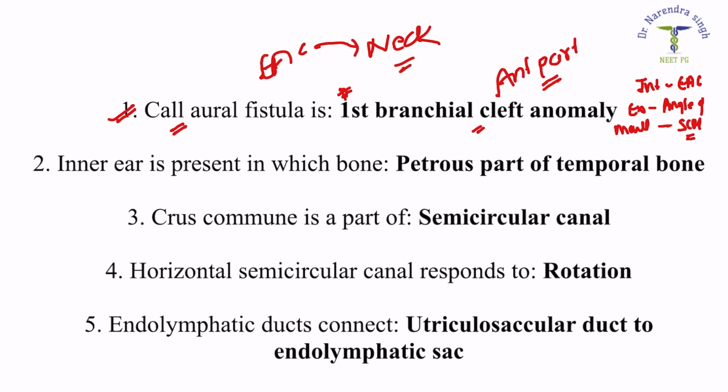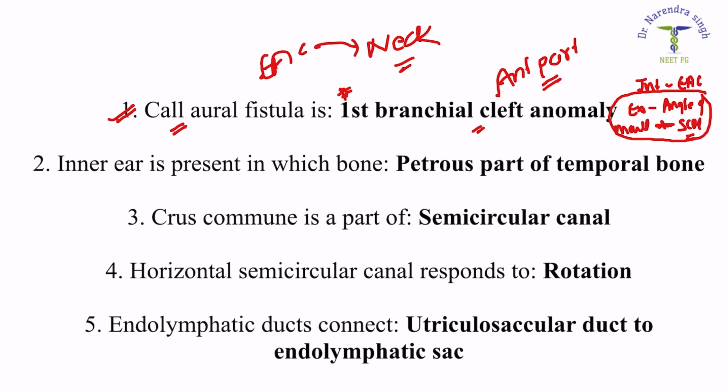Sometimes it gets infected, leading to discharge. Then surgical correction is the only option. So we have to keep in mind, call oral fistula is a first brachial cleft anomaly with its external opening at the angle of mandible and sternocleidomastoid in between.